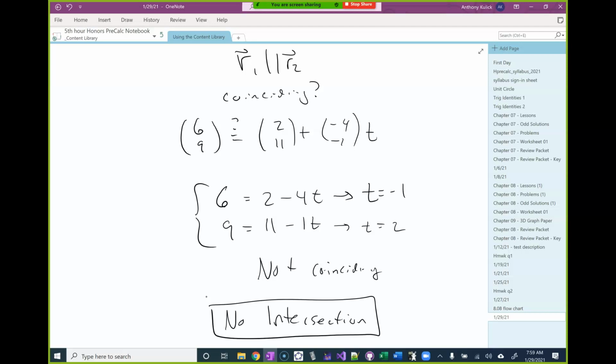So if you had jumped straight to setting the two equations equal to each other, you probably got a system that had no solution, right? Yeah, it gave you a row of all zeros and then a 1 in one of the columns, right?